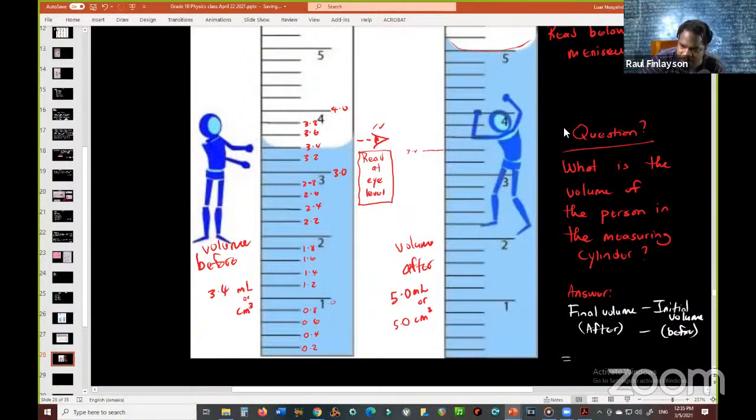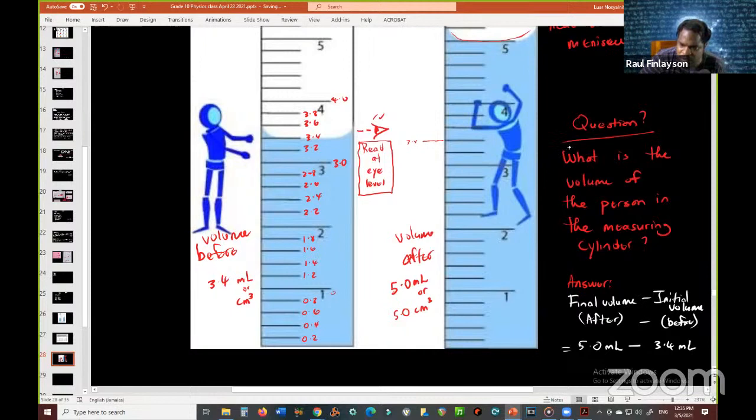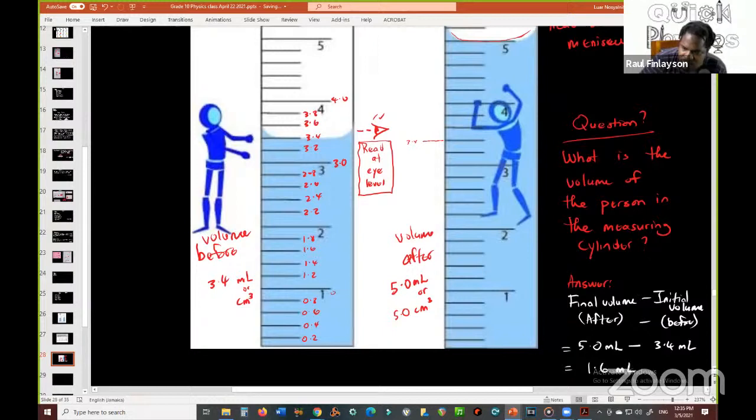So the final volume would be 5.0 milliliters, and we're subtracting 3.4 that was before, and according to Kristen, you'll end up with 1.6, and so that is indeed the correct answer.